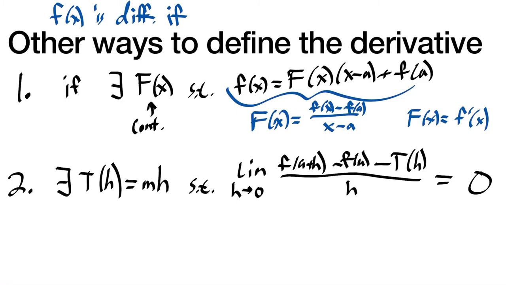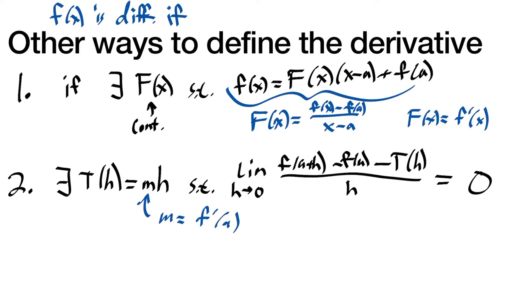So it's differentiable if you can find a function that makes this limit become 0. And if you look really closely at this, what you'll notice is that the m is suggestive that m is that f prime of a.